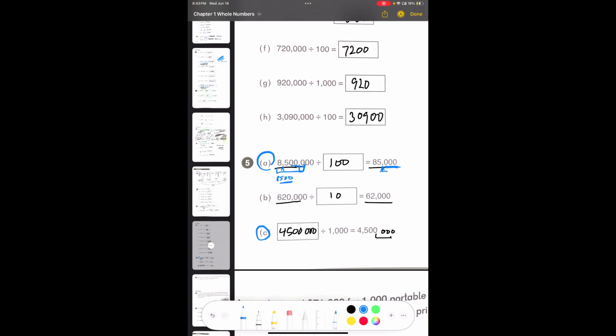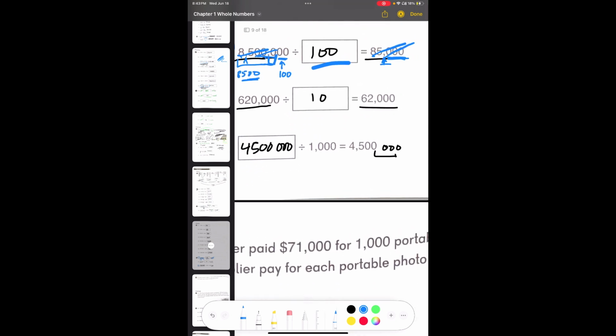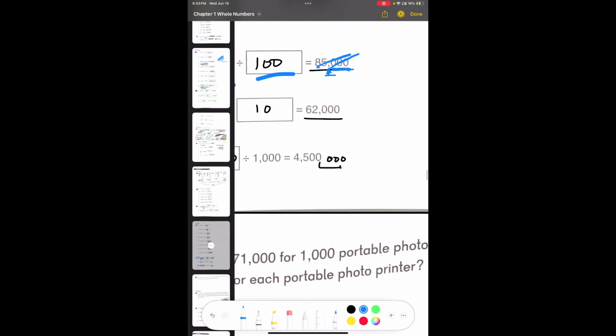The comma might trip you up. You want to take out 3 zeros and 3 zeros here, not 2. Some people might take out 2, but you're actually left with 2 zeros, so it becomes 100. So this answer is 100, and over here, something times 1,000 equals 4,500. But there's 3 zeros here, and there's 2 zeros here, but it's divided.